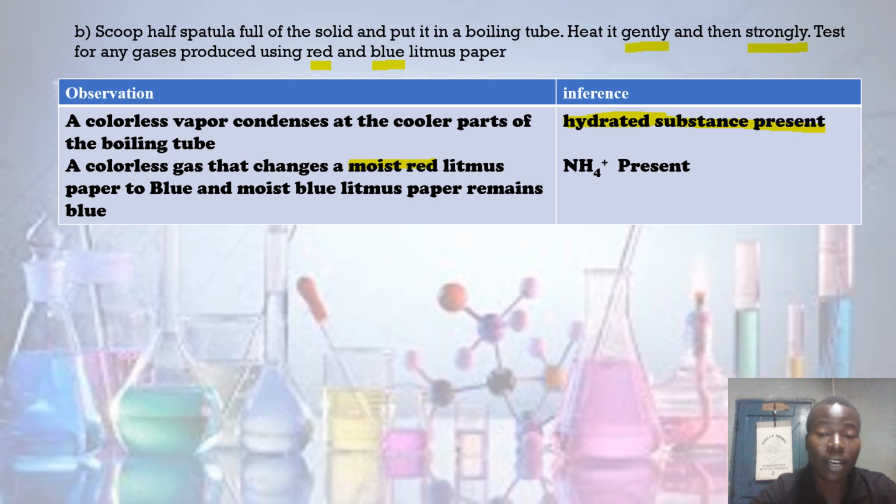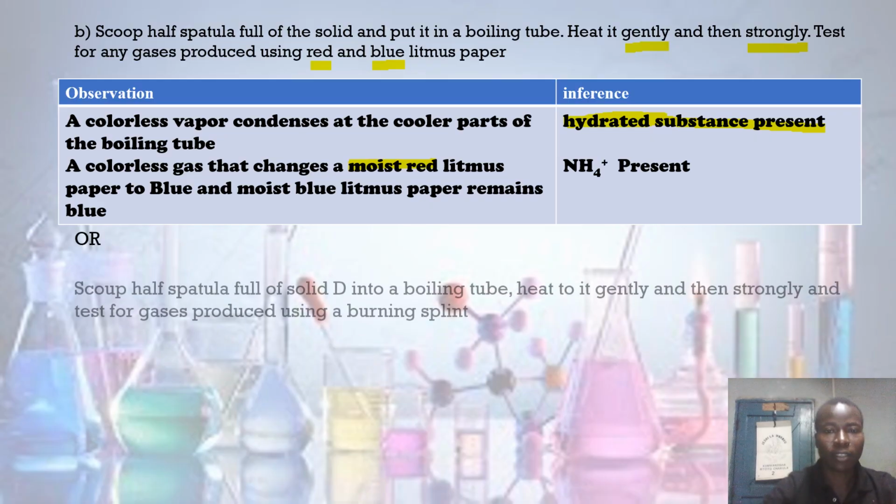Because when the litmus paper is dry, the gas lacks a medium for dissolution. So even in the exam, if the examiner has not told you to use a moist litmus paper, always remember to moisten the litmus paper before you test for the gas that has been produced.